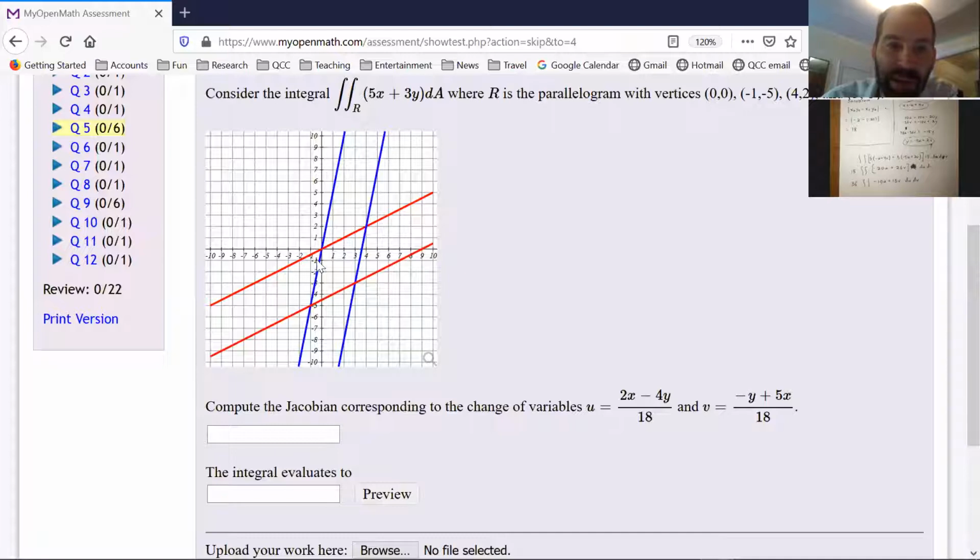So this red line corresponds to u equals 0. And this other red line must be u equals some other number. What other number would it be? We'll just find a point on this line, like 9, 0. Just plug in 9, 0 up here, and you see that that makes u equals 1.